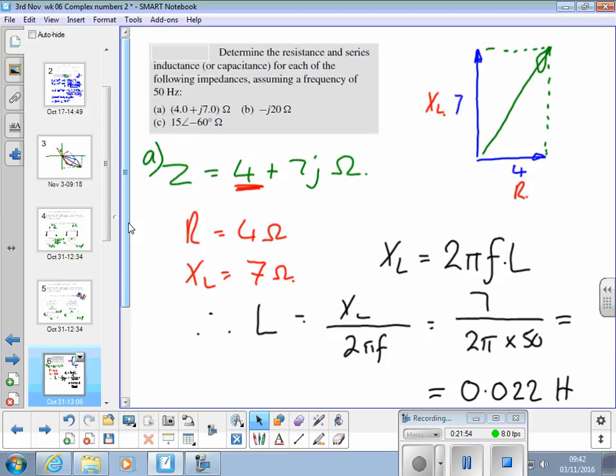Now, the other two. B says you've got an impedance of minus 20j ohms. Look back at the diagrams on the impedance page. What does it mean if you've got just minus 20j? Think of it as 0 minus 20j if you like.